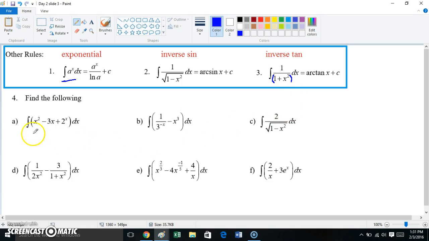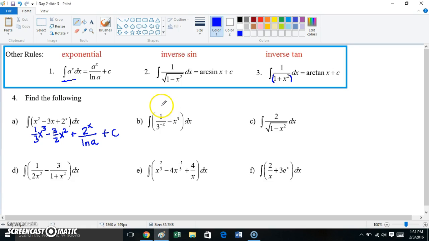Okay, so let's find some integrals here. Question A, the integral of x squared minus 3x plus 2 to the x will be 1/3 x cubed minus 3/2 x squared plus 2 to the x divided by the natural log of 2 plus c. Okay, our next integral, the integral of 1 over 3 to the negative x minus x cubed.